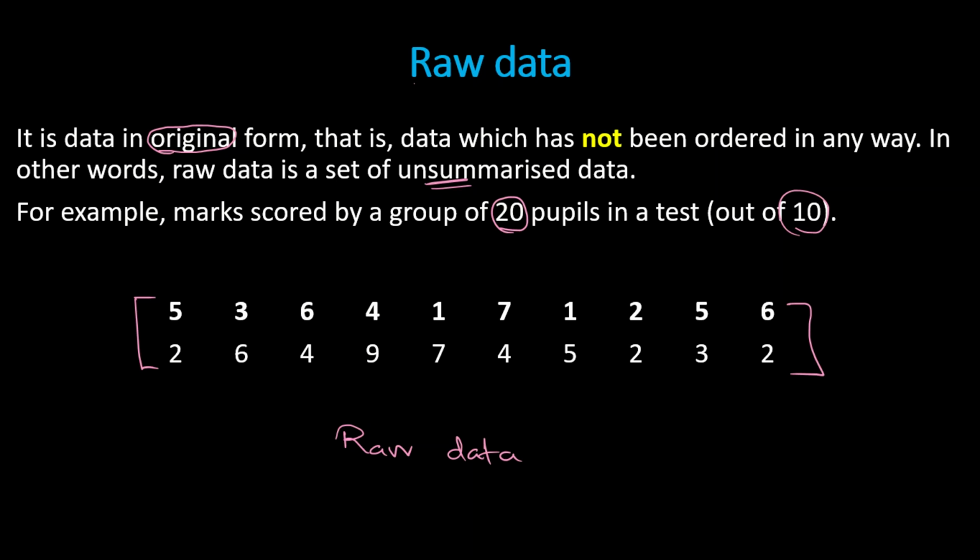It is data that has just been collected in the original form. So remember this, raw data is simply data in original form, data that has not been organized in any way, right?